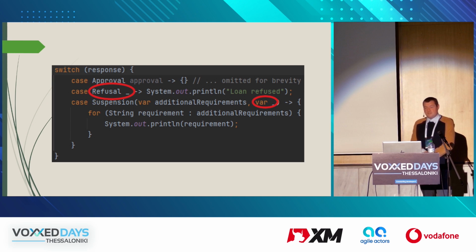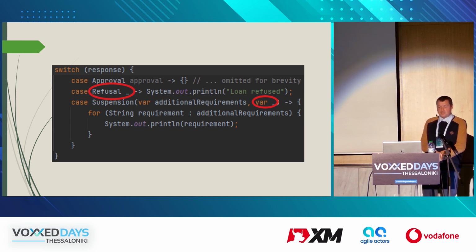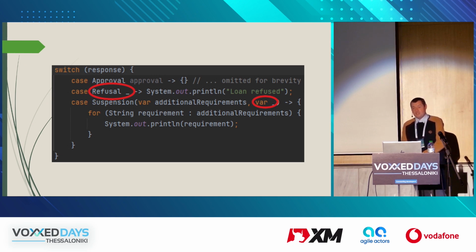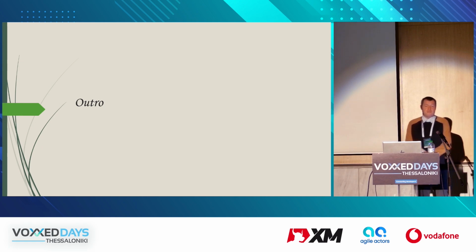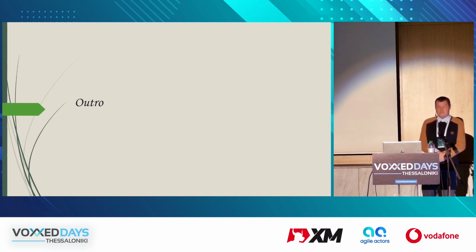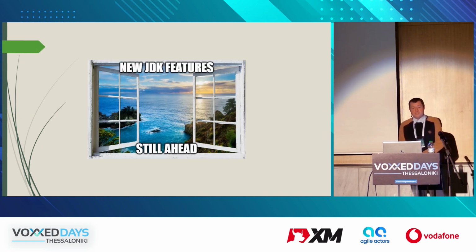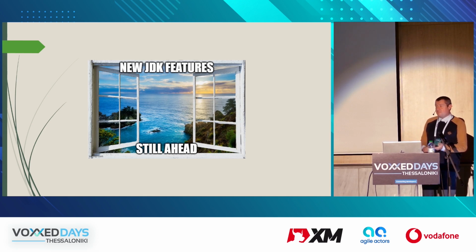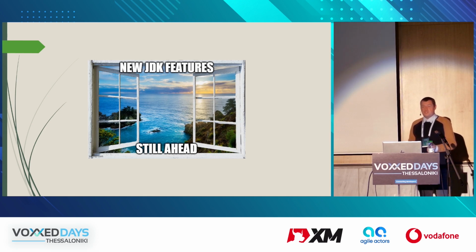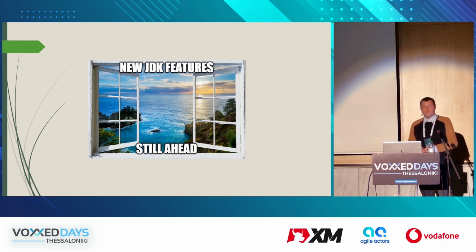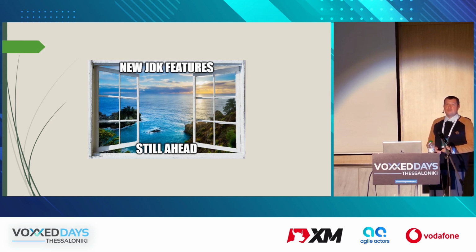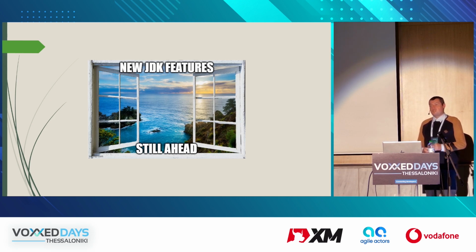Okay, so we have migrated to Java 23, and it seems that everything is better than it was previously. So it's time to conclude the journey we have made. And the conclusion is that the new JDK features are still ahead of us. It's worth waiting for what has been promised because the Java projects are still active.